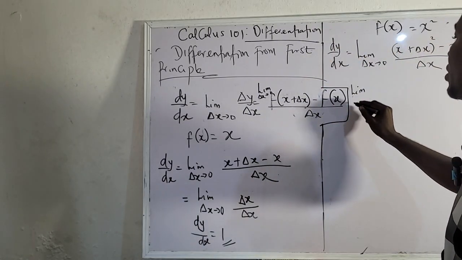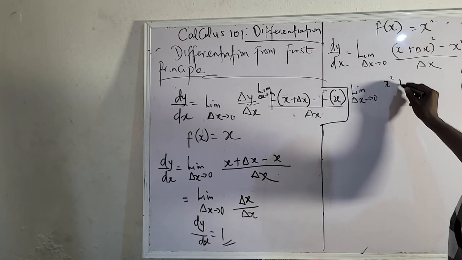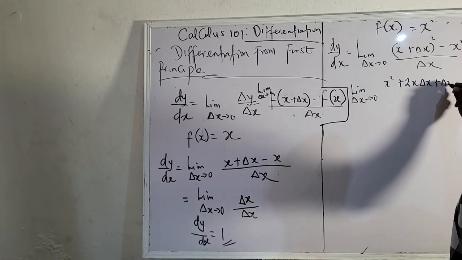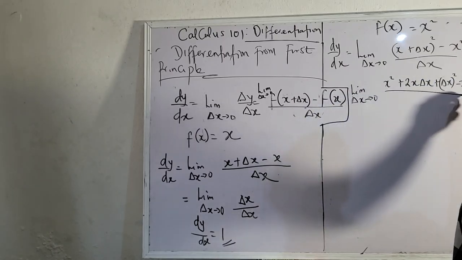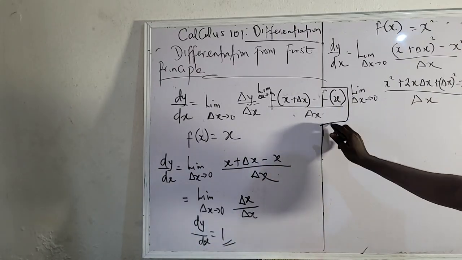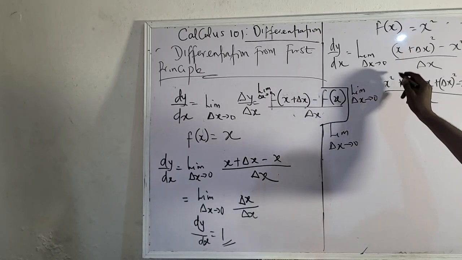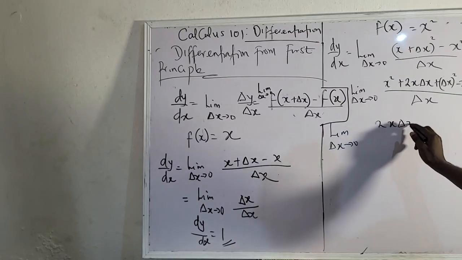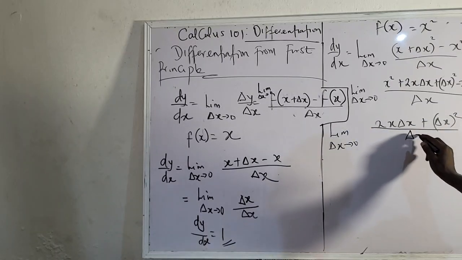This is going to be the limit as change in x approaches 0 of x squared plus 2x change in x plus change in x all squared, minus x squared, all over change in x. From what we have now, as change in x goes to 0, this will cancel this, so we are left with 2x change in x plus change in x all squared over change in x.